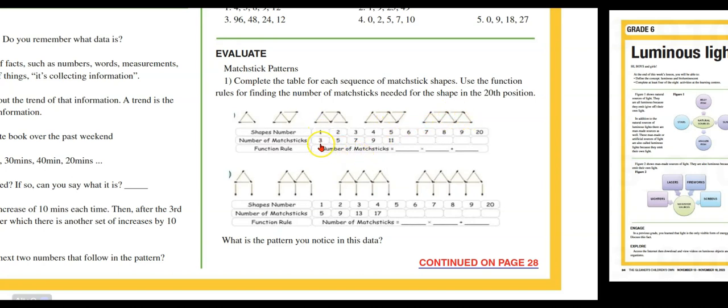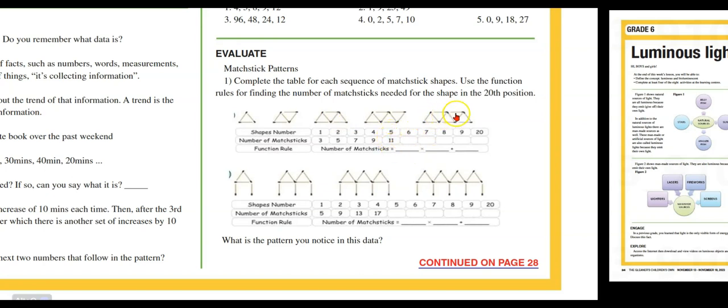When we have one shape, we have 3 matchsticks: 1, 2, and 3. When we have 2, we have 5: 1, 2, 3, 4, and 5. When we have 3 of them, we should have 7. When we have 5, we should have 11.